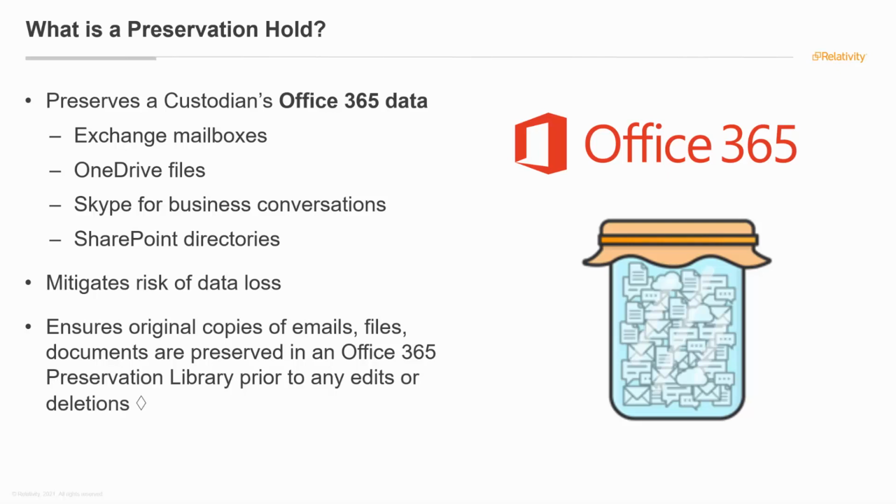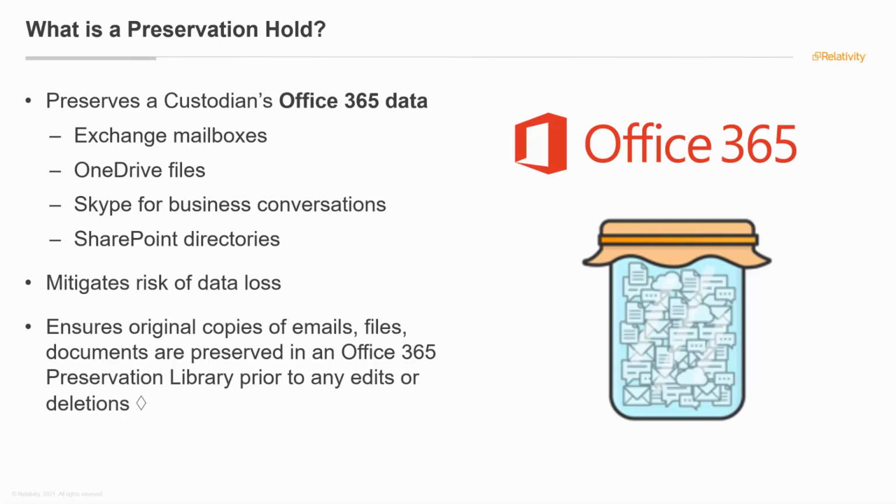The preservation library ensures that, even if it's an accidental deletion, there's no data loss. So it ensures there's no loss of data through either an accidental or willful deletion of items under preservation hold.